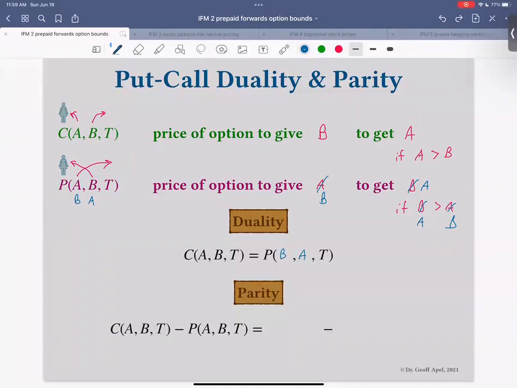And then put-call parity. Maybe the one that you might have is for a call with stock, strike, time, minus a put with stock, strike, time. And maybe the formula that you have, I've seen some books do some really terrible things here. Some of them, don't write this, put S0 minus K e to the negative rT.